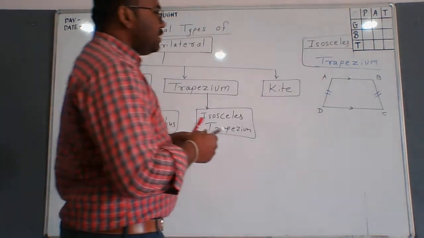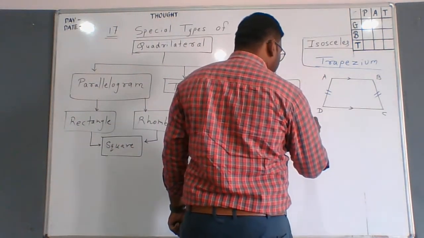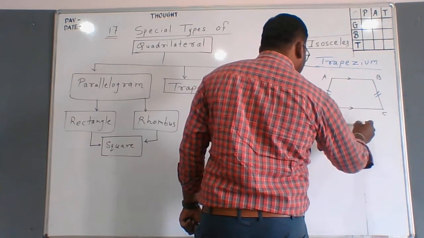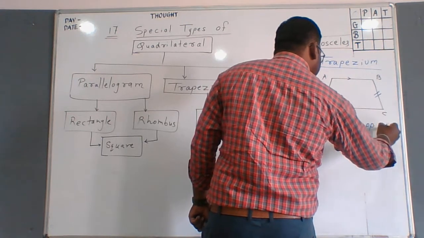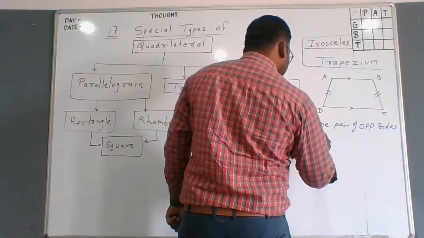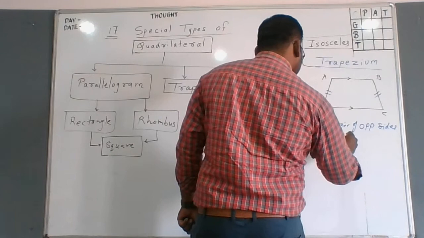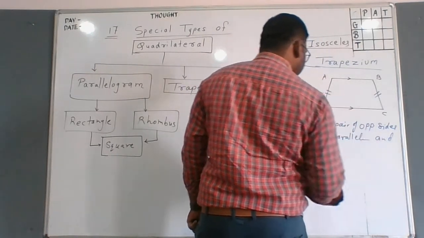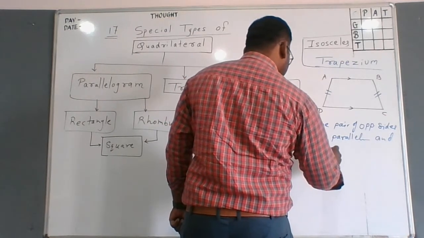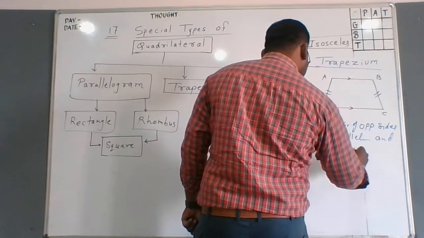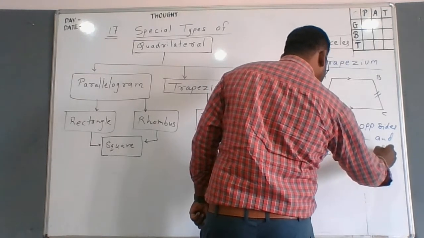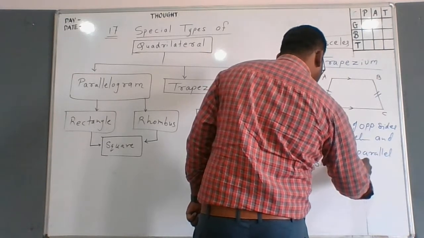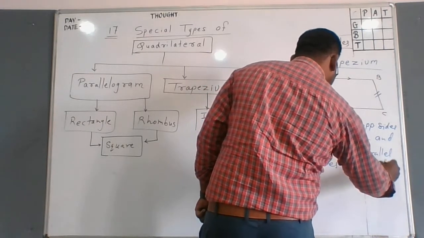So what can we say here? First property is what? One pair of opposite sides are parallel and the other non-parallel sides are equal.